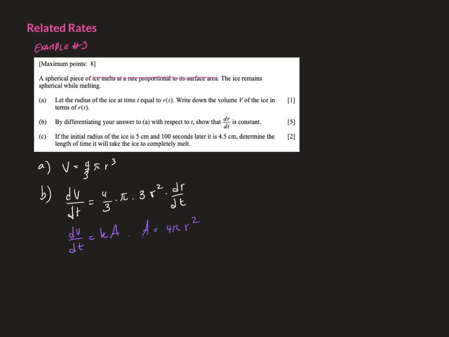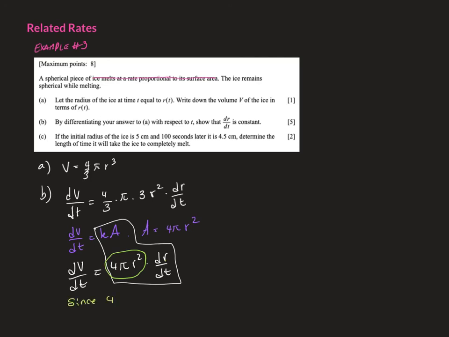Therefore, the expression for the volume that I found, which is dV over dt equals 4 pi r squared times dr over dt, should be equivalent to k times A, where k is going to be a constant. Now, since the surface area is 4 pi r squared, then it means that dr over dt must be constant.